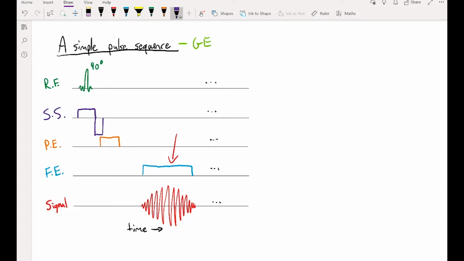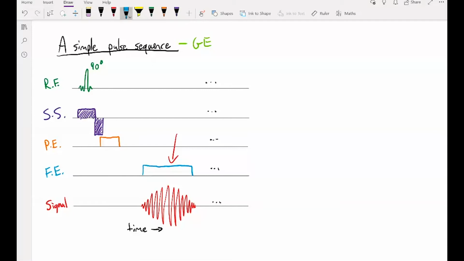The determining factor of how phase differences are accrued by spins in a direction is essentially the area of the box, like the area under the curve, or the duration and magnitude of a gradient. So long as the area in this first box equals the area in this second box, our phase differences, again in a perfect world, will be canceled out. So we can apply a gradient for half as long, so long as it's twice as strong, which is fine in the slice selection direction.